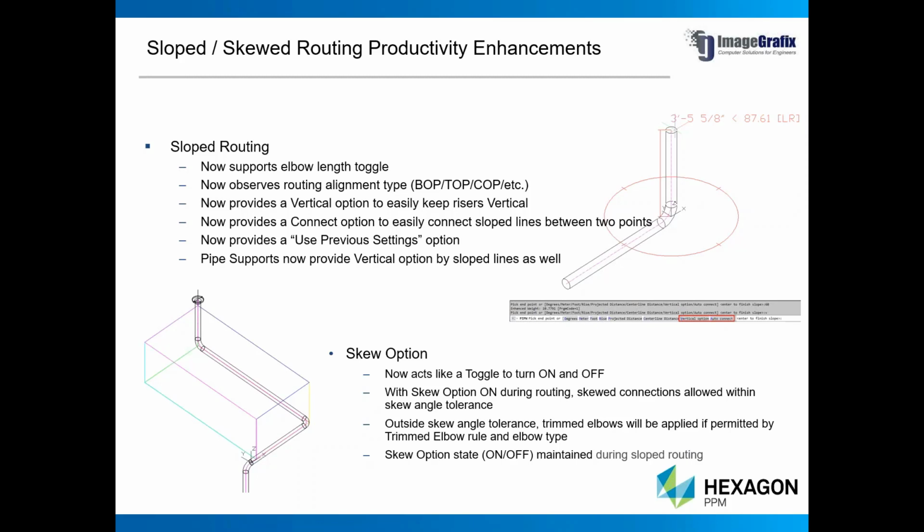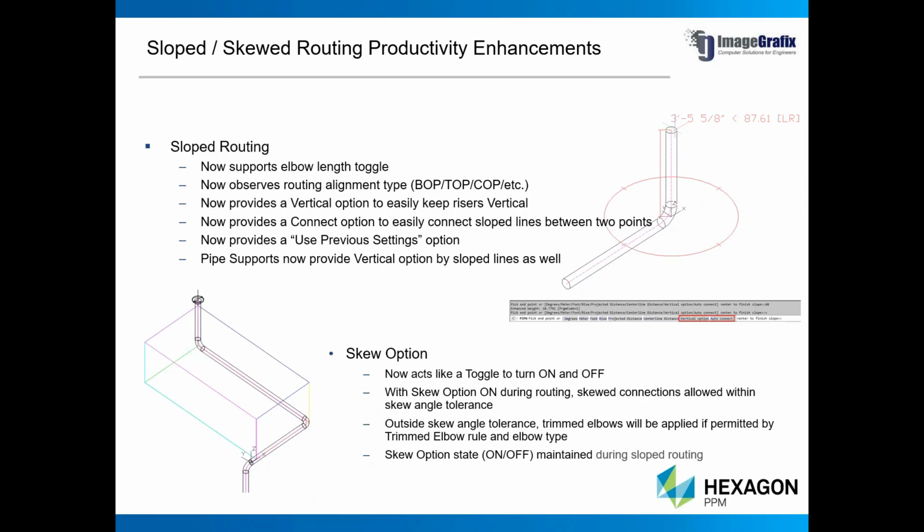And similarly, when you go for the skew option while doing this routing, it now acts like a toggle to switch on and off. With the skew option on during routing, skewed connections are allowed within the skew angle tolerance. So within whatever tolerance we are maintaining, we can make skew connections.